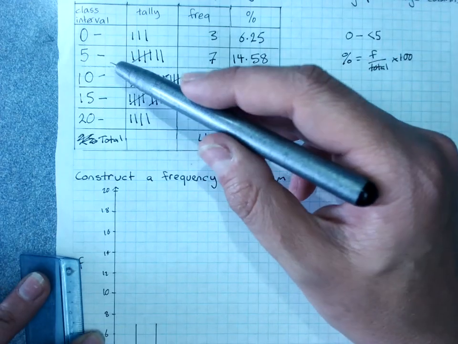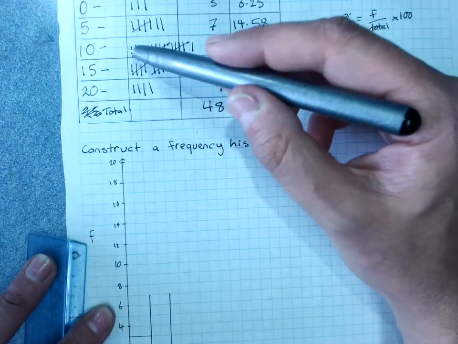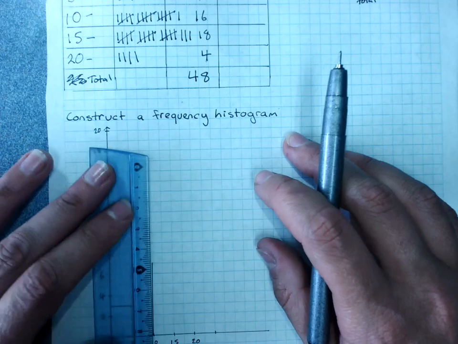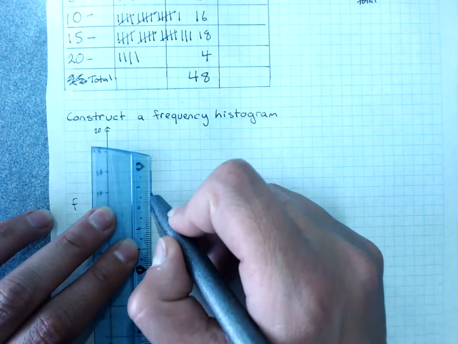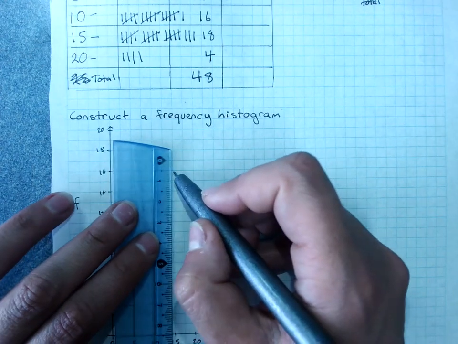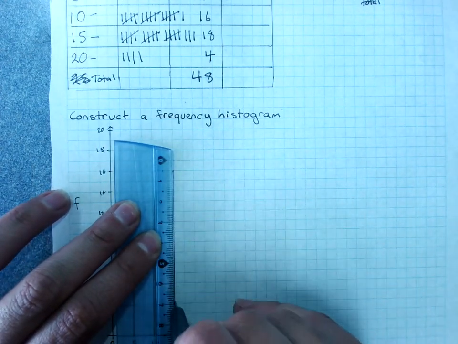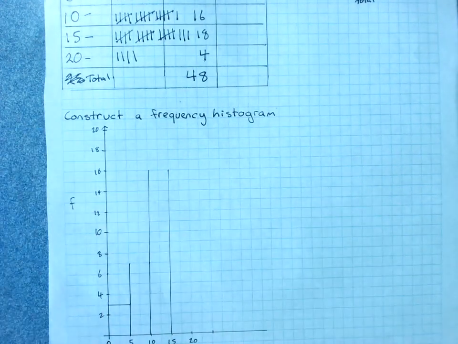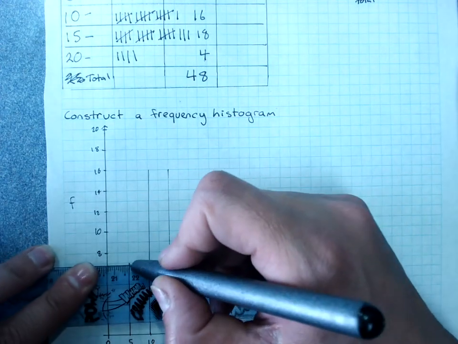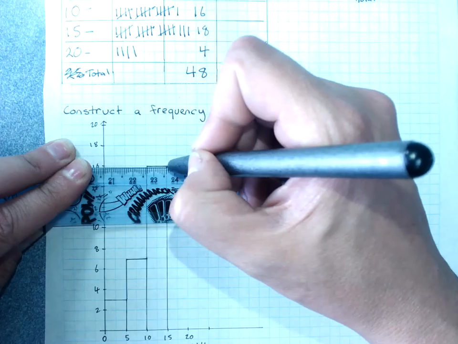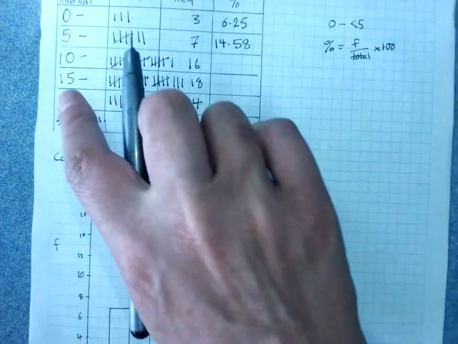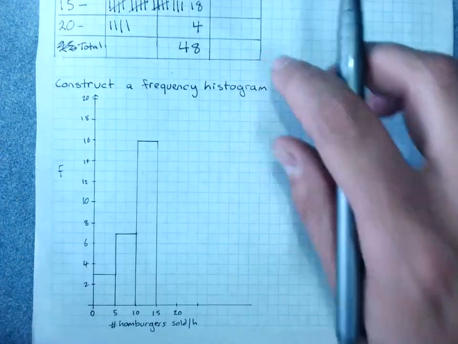The 10 to 15 group was 16. If you do find you're going to get lost with where your columns go, just do them at the right time. We don't have to save time here. 15 up was a frequency of 18.